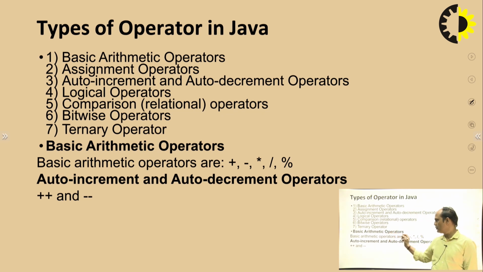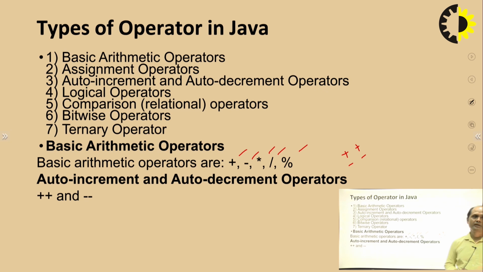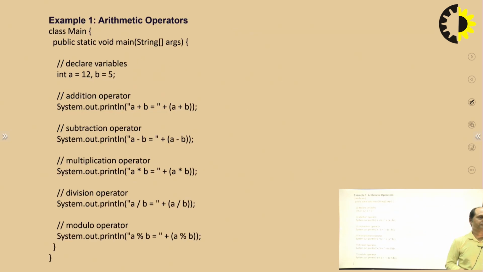The basic arithmetic operators are plus, minus, multiply, divide, and modulus. We can also use auto increment and auto decrement operators in Java.